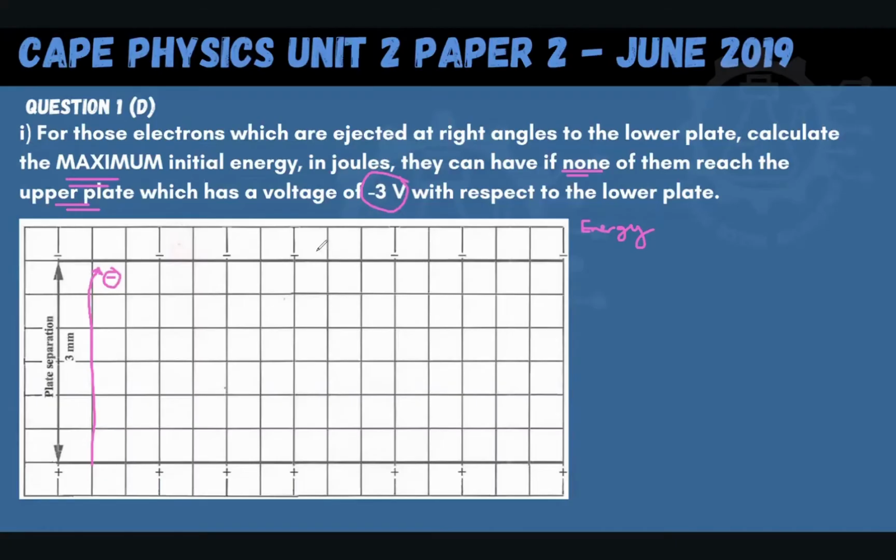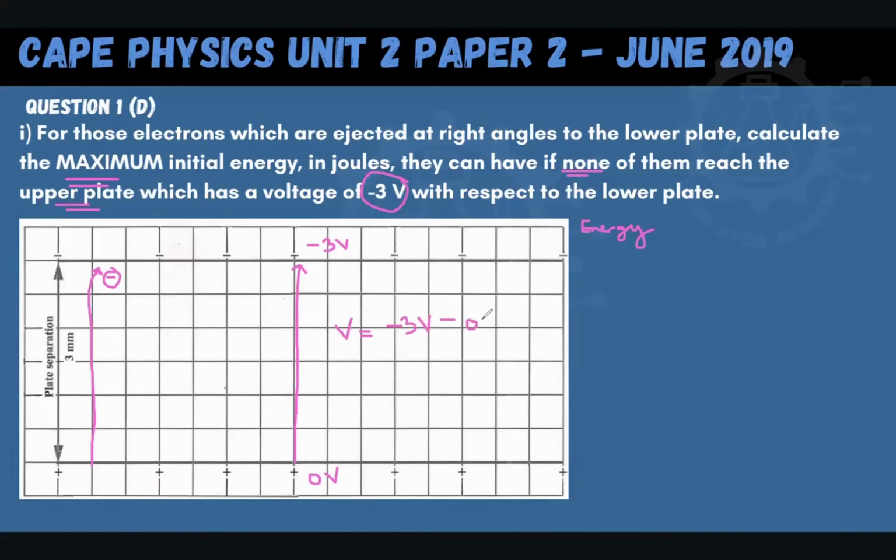What else? The upper plate has a voltage of -3 volts with respect to the lower plate. So we can just write a -3 here and just say, let's take our positive plate as being at earth potential. So say that that has 0 volts, right? So then we can think about the field lines, the electric field lines, that are going to run like this, right? And so from a potential difference standpoint, our voltage will be equal to the final voltage, the voltage at the final destination, minus the voltage initially.